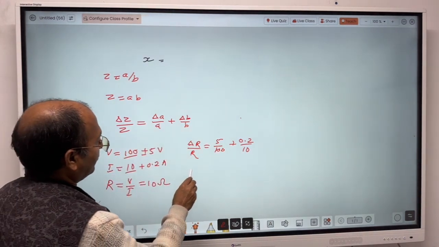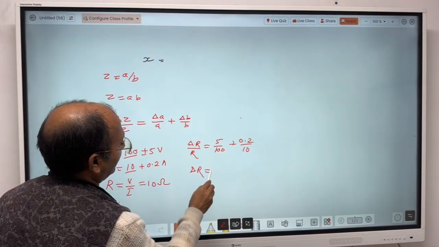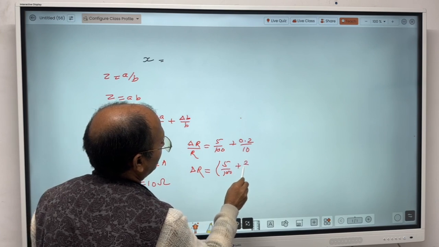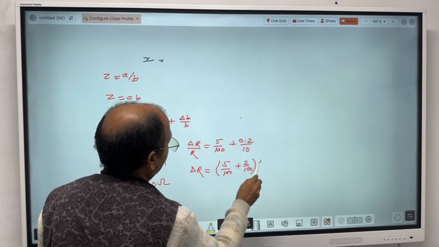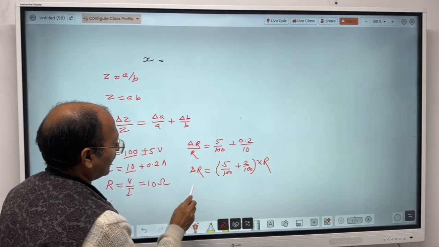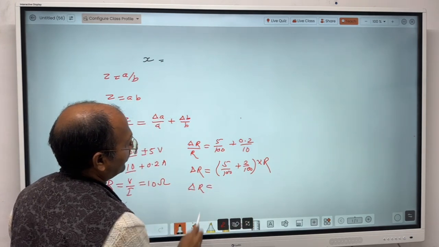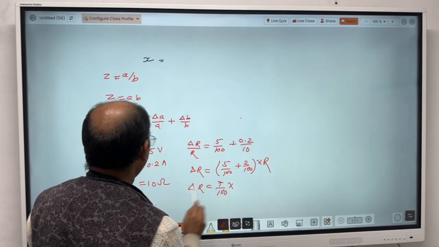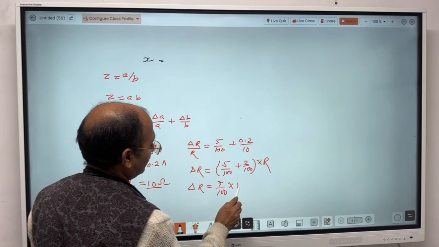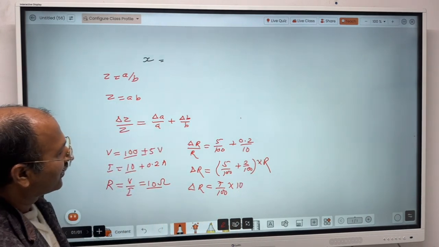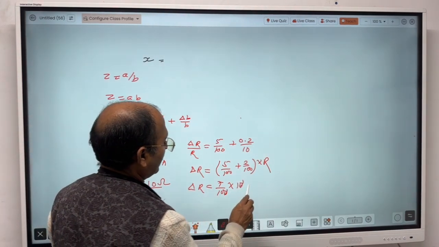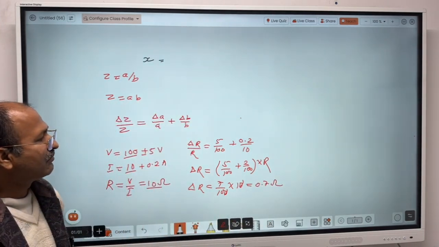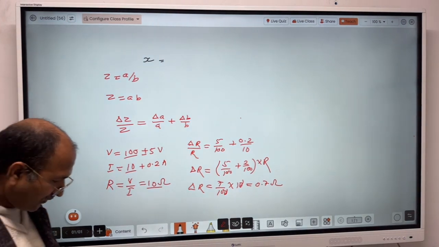R is 10 to get delta R. Delta R will be equal to this 5 upon 100 plus this is 2 upon 100 into R. Now delta R can be easily found. So this will be equal to 7 upon 100 multiplied by R, and R is 10. So we have got 0.7 ohm. So correct value will be 10 plus minus 0.7 ohm.